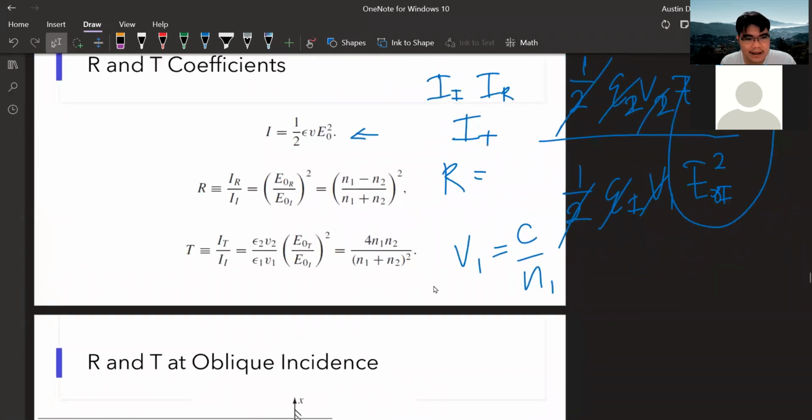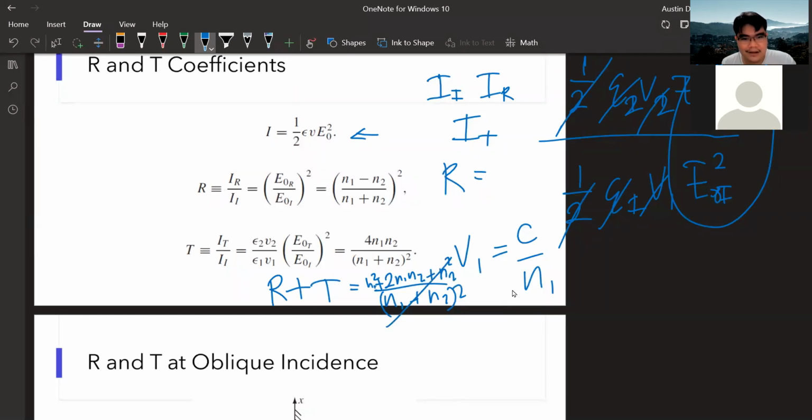Mapapansin nyo guys na kapag inadd mo si R and si T, di ba? Ito ay magiging denominator niya N1 plus N2 squared. Tapos yung numerator would be this guy. Pag in-expand mo to, magkakaroon siya ng minus 2 N1 N2. Tapos i-add mo siya dito, ang matitira plus N1 N2. Tapos may N1 squared ka. Tapos may N2 squared ka. And what is this?